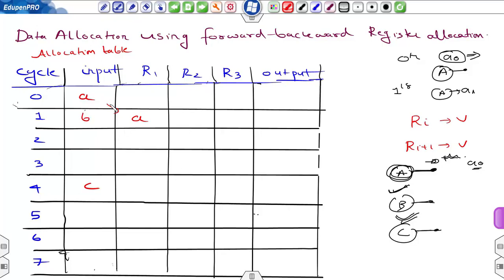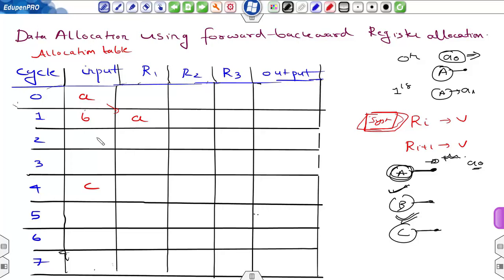This input means that we are looking at the system as a whole. So variable A is produced during cycle 0; this is what it means writing A in the input column. In the next cycle B is produced, meaning it is now generated in the system.